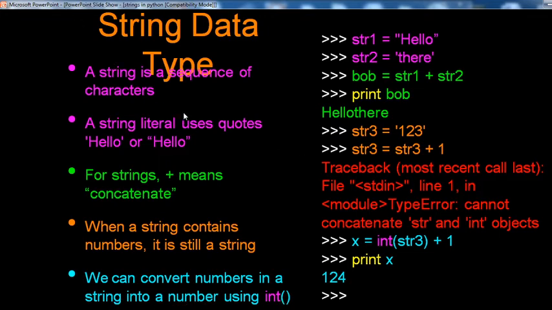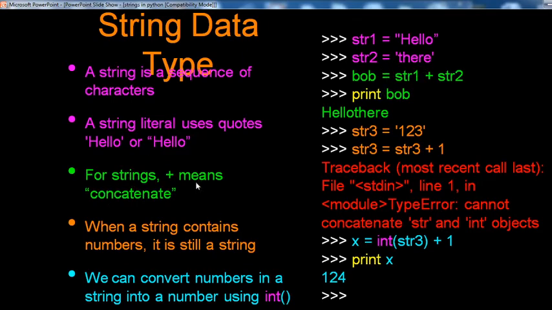Let's see the examples one by one. What is a string? A string is a sequence of characters. Here str1 equals hello and str2 equals there. That means two strings are defined: string 1 is hello and string 2 is there.